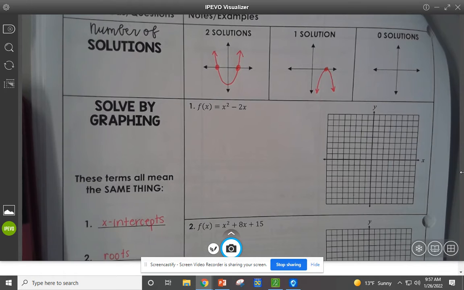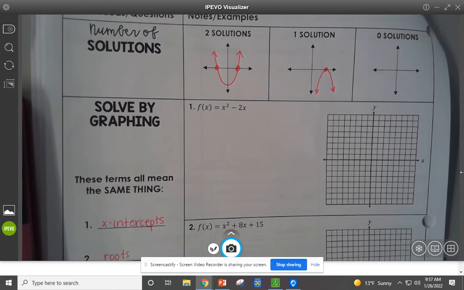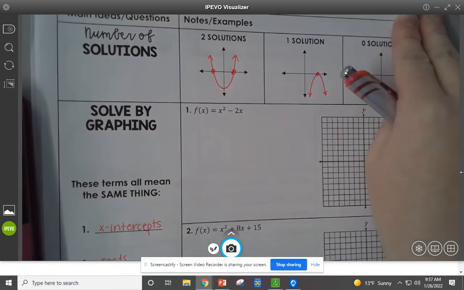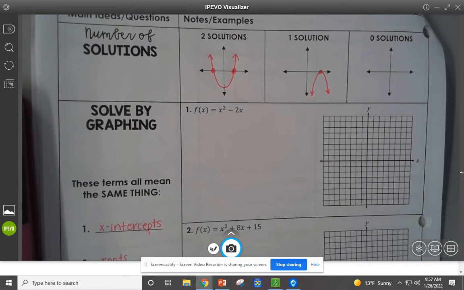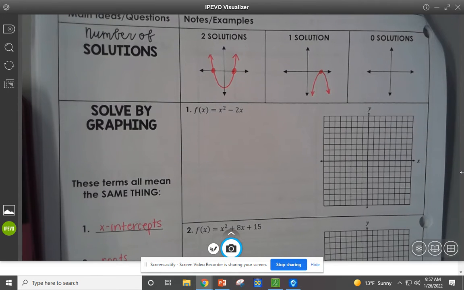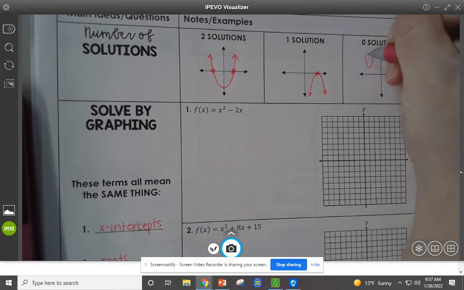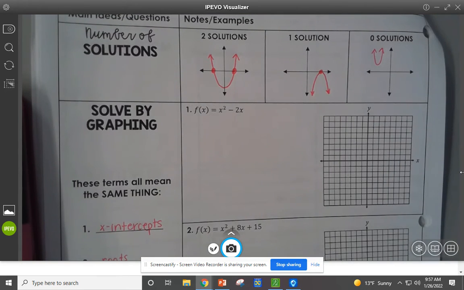So sketch on your graph what you think it would look like if it had 0 solutions or 0 x-intercepts. So maybe like this. This is a possible example. Or it could be upside down. But either way, it does not cross.